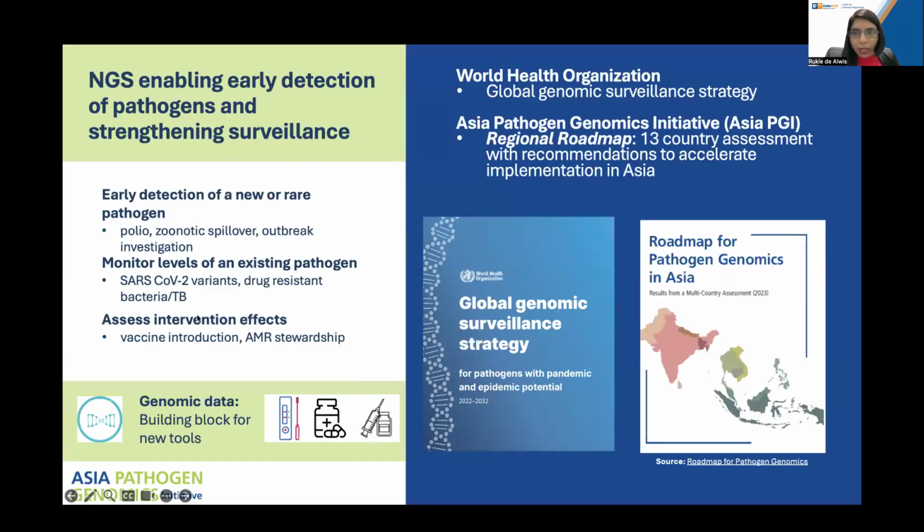Now, as many of us know, and many of us work together on, following COVID, there was this realization that NGS is very important for early pathogen detection. And it really strengthened our surveillance system and the use of evidence to control the COVID pandemic. Following this, the WHO did release a global genomic strategy, which is currently being implemented in countries.